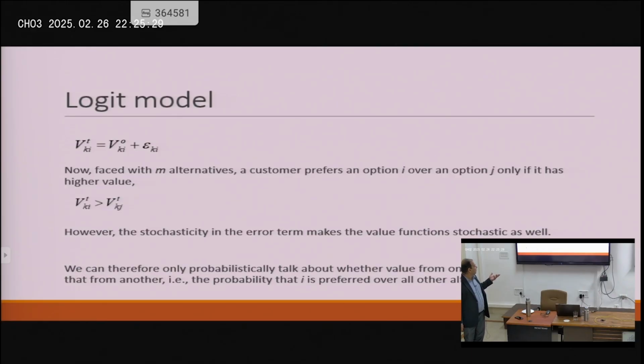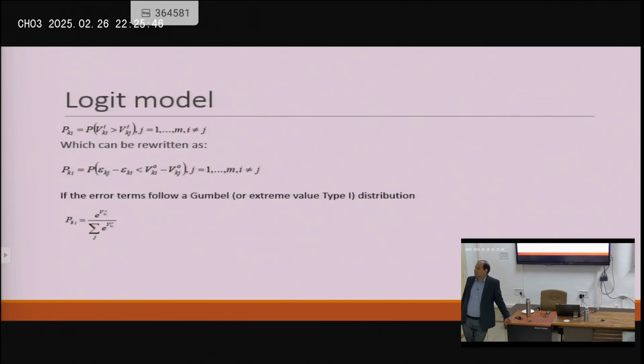And now we say that we will buy an option only if it is better than all the other options, right? What is the probability of that happening? So we just say the probability of V_i being greater than V_j, and then you rewrite the expression going from the last slide.